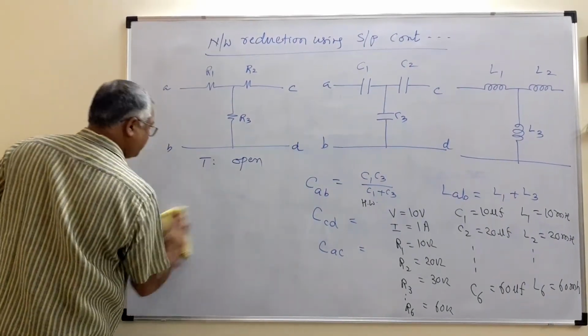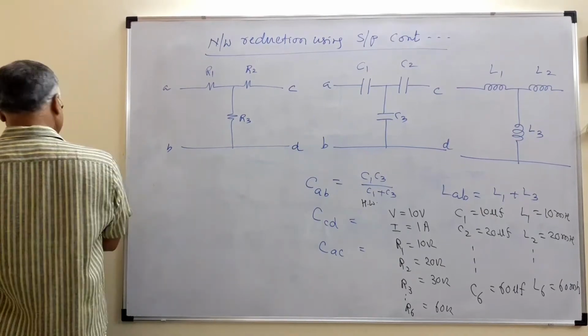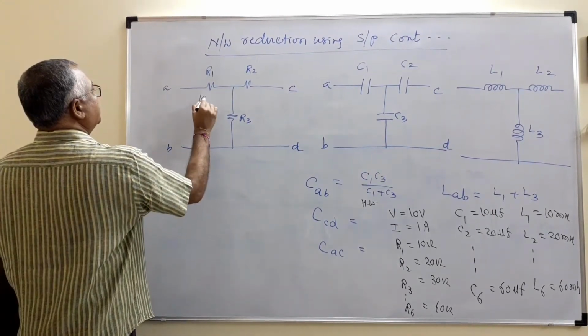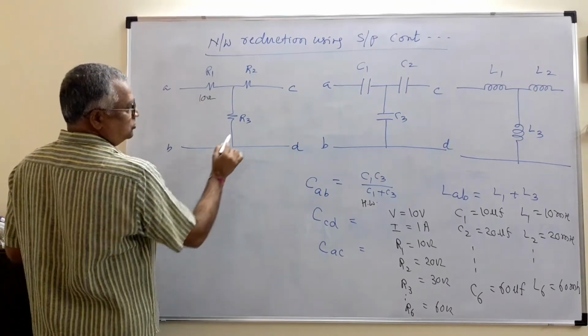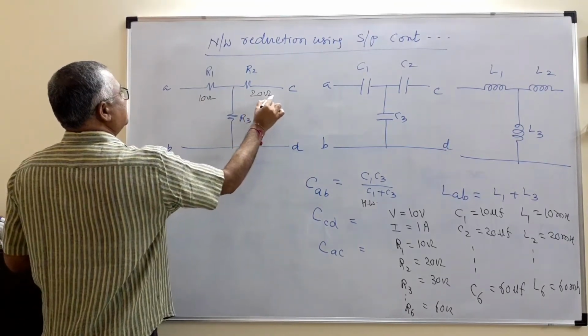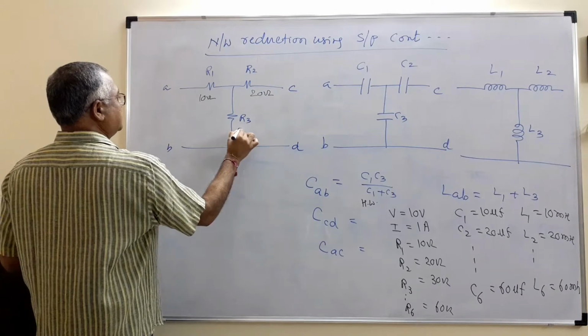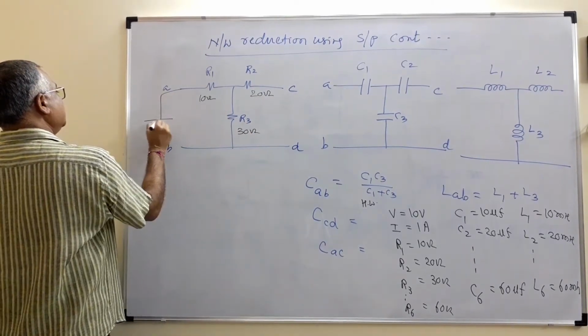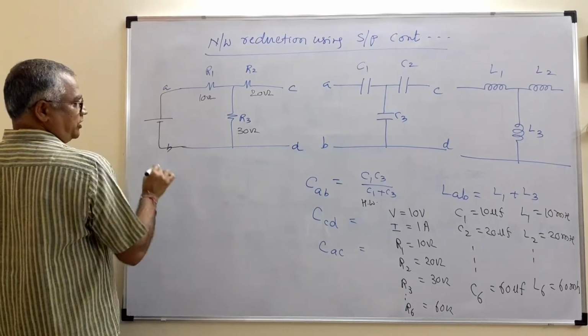Take the R1 value in this example problem. What is R1? 10 ohms. What is R2? 20 ohms. What is R3? 30 ohms. Now apply a voltage source of 10 volts.